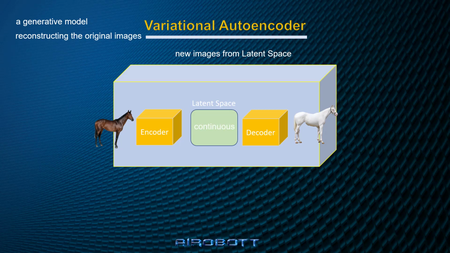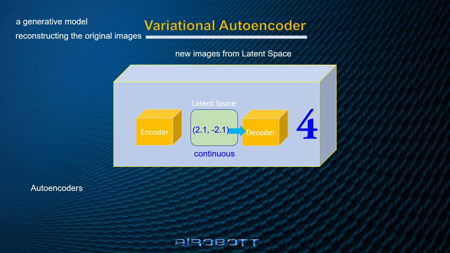Here the latent space is continuous, so the sample point, for example 2, -2, might be decoded as an image of a 4, and also 2.1, -2.1 also produces a satisfactory image of a 4. But in the case of autoencoders, the latent space is not continuous.